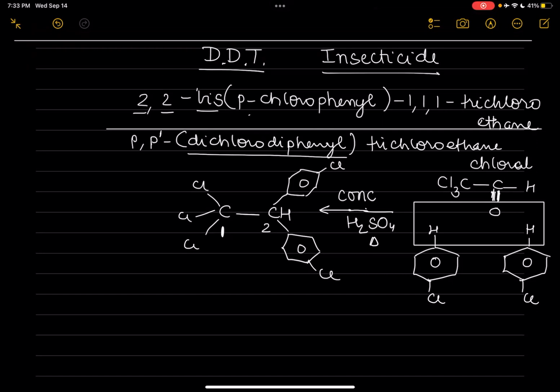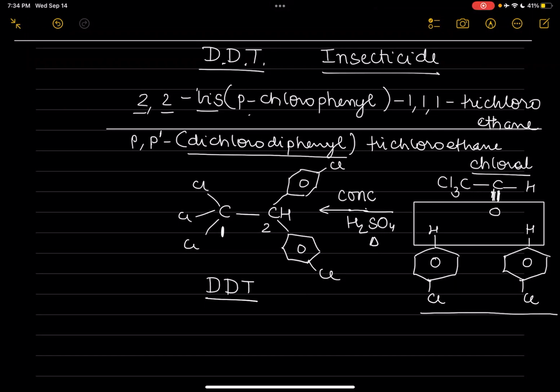So this is chloral, and this is chlorobenzene. 1 mole of chloral and 2 moles of chlorobenzene, when heated together in the presence of concentrated H2SO4, which absorbs water, you end up with the DDT molecule, which was famously used as an insecticide. Nowadays it has been banned. Okay, why has it been banned?